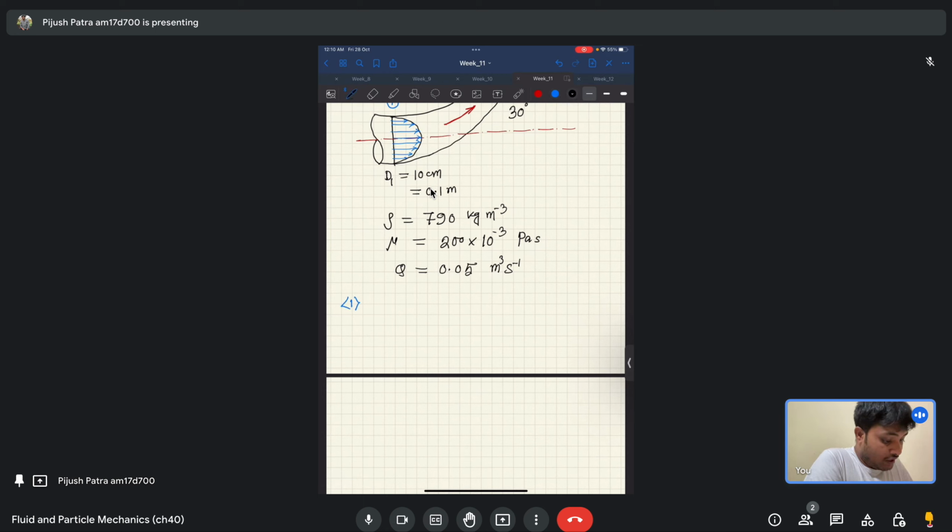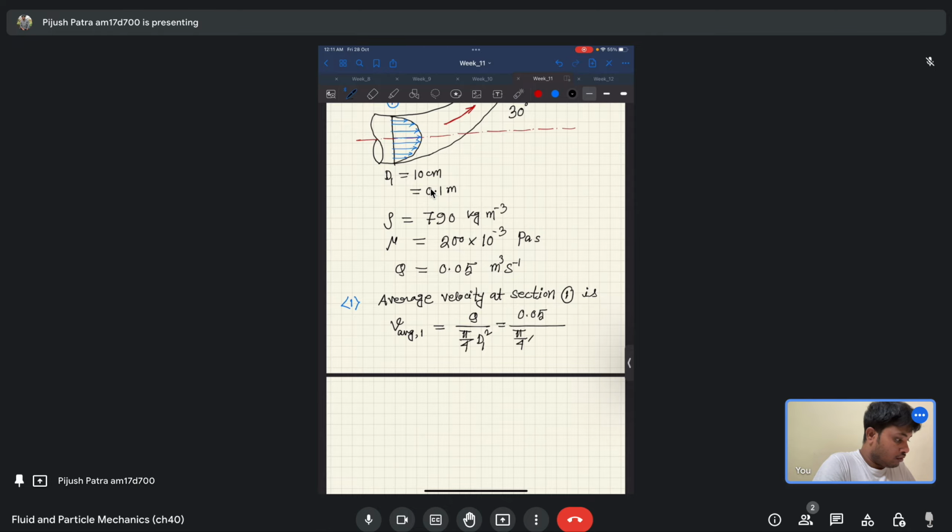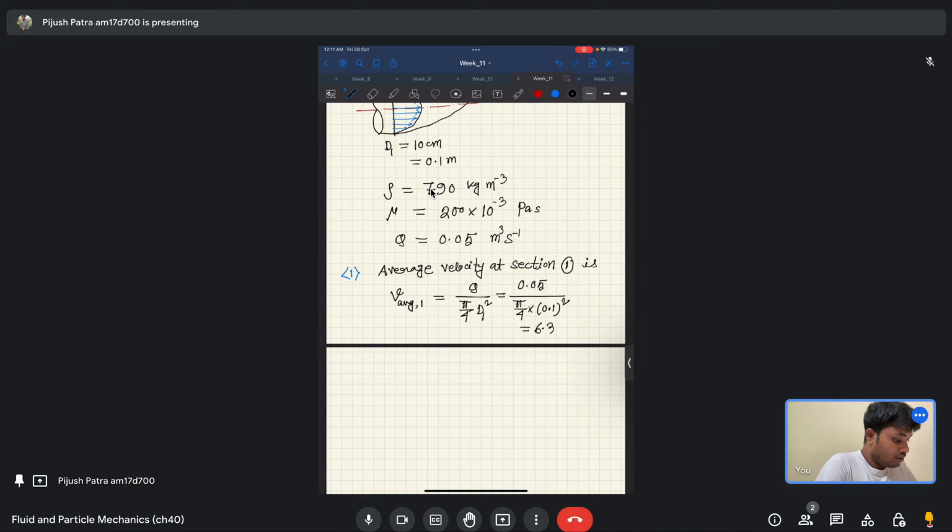The average velocity V average 1 is equal to Q divided by pi by 4 d1 square, 0.05 divided by pi by 4 into 0.1 square, which is equal to 6.366 meter second inverse.